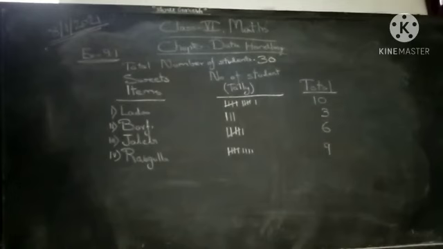We count it: 1, 2, 3, 4, 5, 6, 7, 8, 9. Let's calculate the jalebi once again: 1, 2, 3, 4, 5, 6.